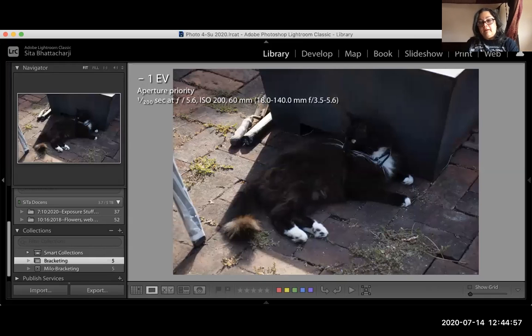The highlights are looking better. And now this is a -1, and you can see up in the upper left it says -1 EV.